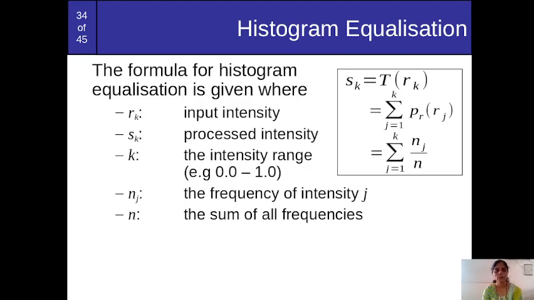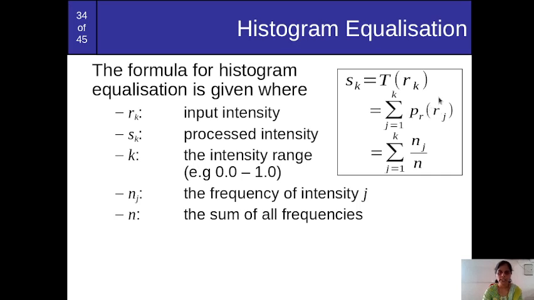So the formula for histogram equalization is presented here. Rk indicates the input intensity value. We are going to apply T, the transformation function, after which we are going to get a new transformed intensity value. And what is this P of R and R of J?